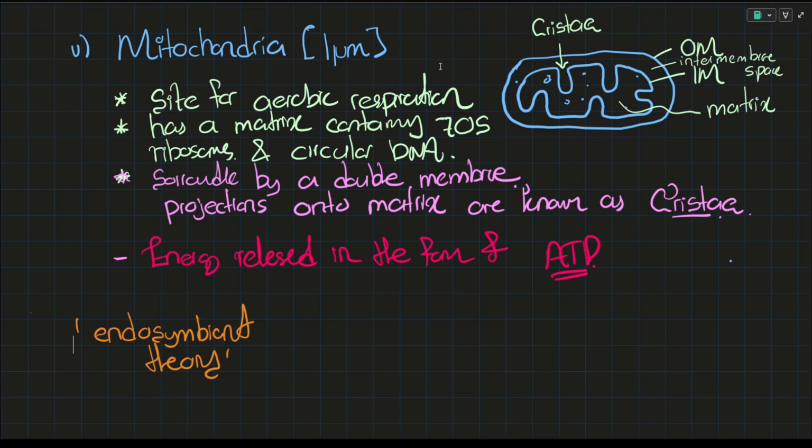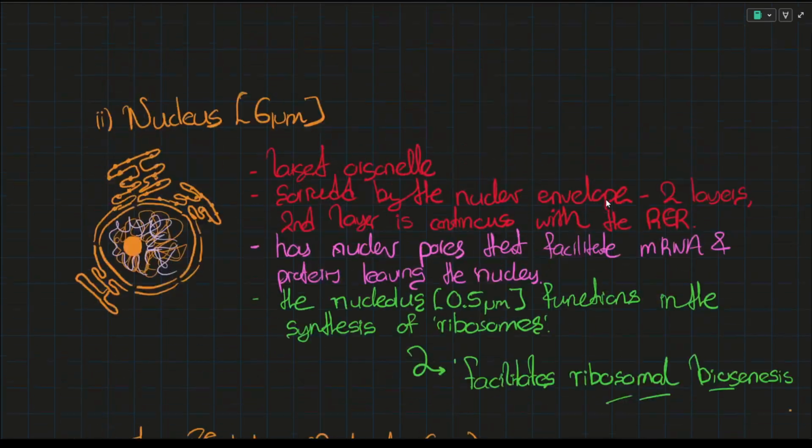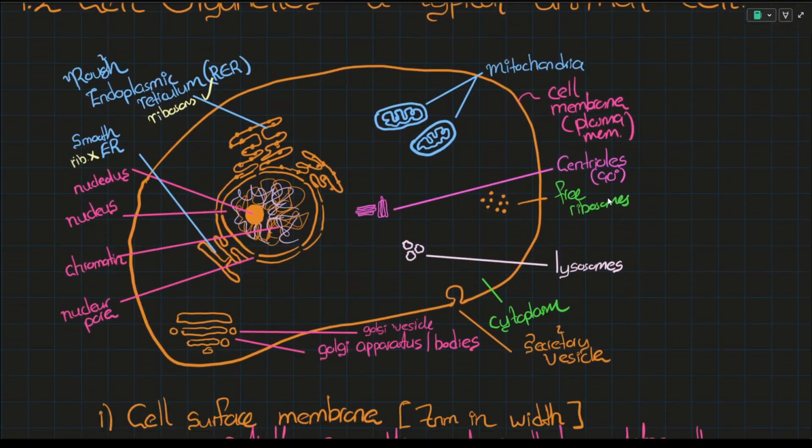Now, a mitochondrion is actually a pretty large thing. It's not as large as the nucleus, but it's pretty large. That's why even in this animal cell, you can distinctly see that we have two mitochondria and they're pretty large and protruded like this.